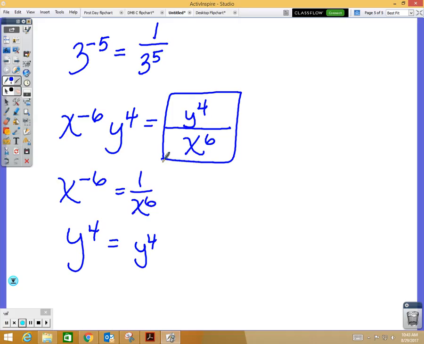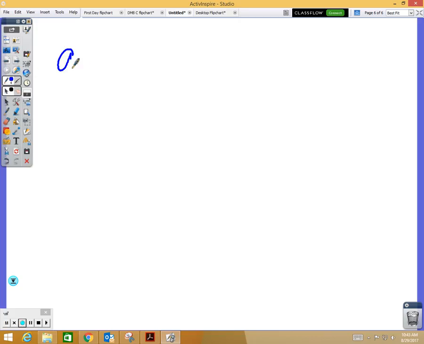Let's do another one similar to that. Let's say we have a to the 4th power, b to the negative 7th power, and c to the 0 power. So again, I want you to think of three separate things here. What am I going to do with a? What am I going to do with b? What am I going to do with c?